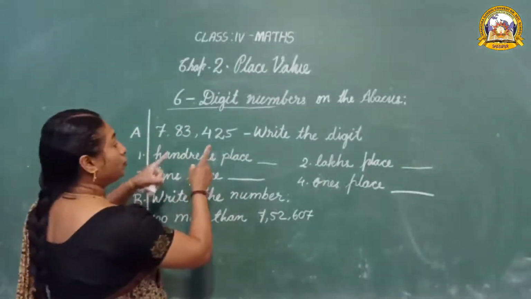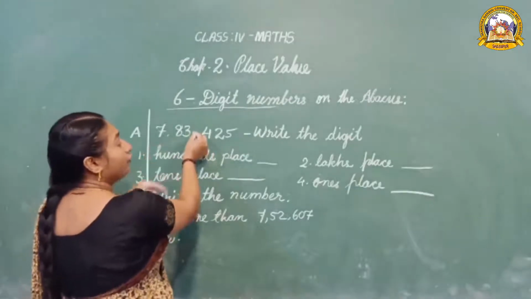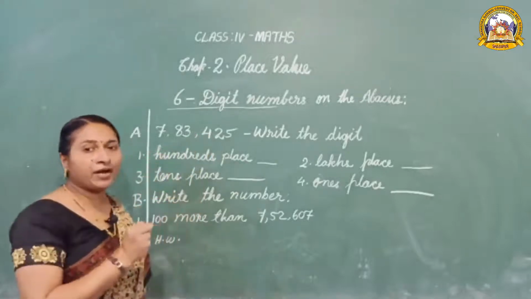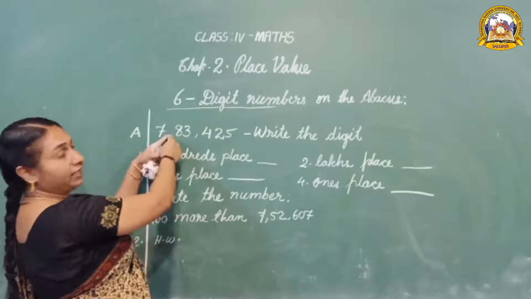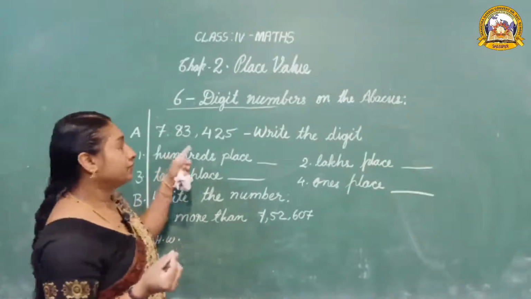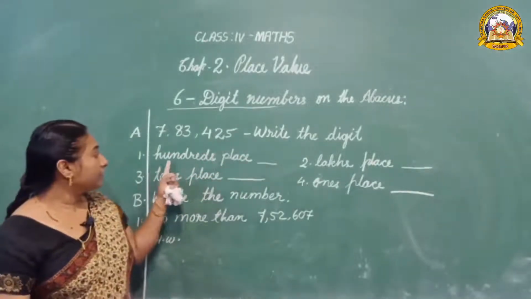Children, you should listen here. In between each period, we have to leave a little gap. Here you can see I have given a little gap. Let us do the work. What is written here?